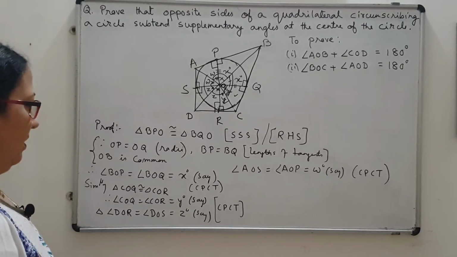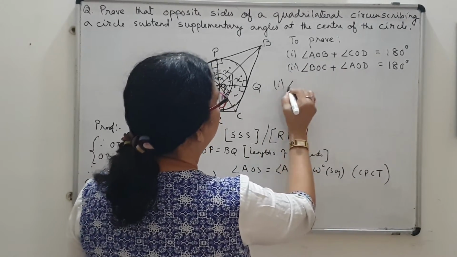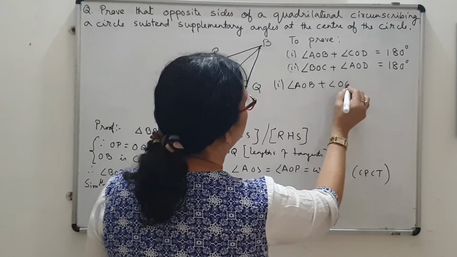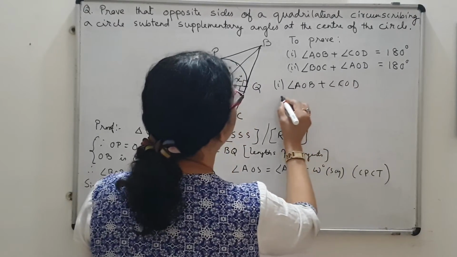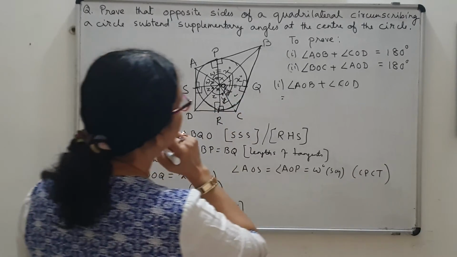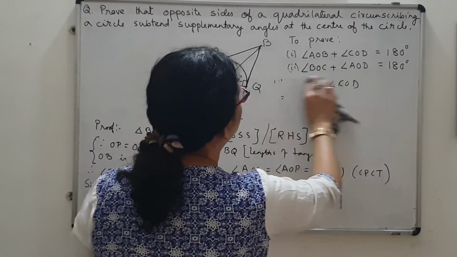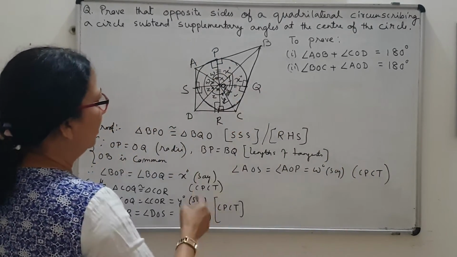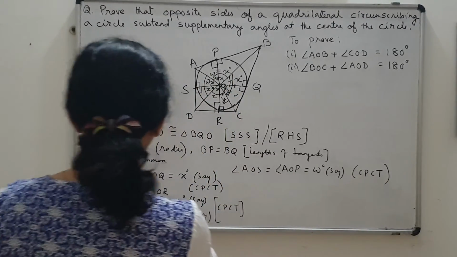Okay. So now let me come to the first part. So the first part, angle AOB plus angle COD. What is this? Let me find it. Instead of doing it in this way, let me write in this way. I will add all the angles. Because angle around a point is 360 degrees, I can add all the angles.